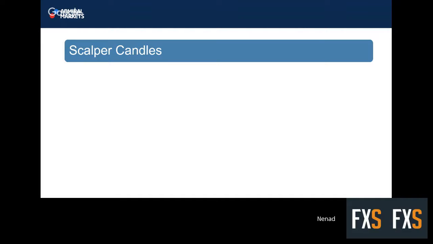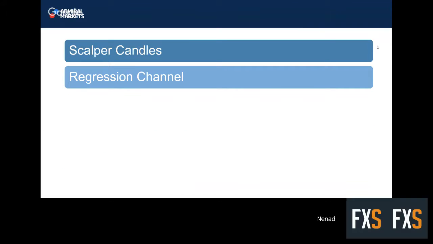We can, of course, change the color in the indicator itself, but by default green is bullish movement and red is bearish movement. We need to use scalper candles because those candles are a little bit lagging and they confirm the trade additionally.